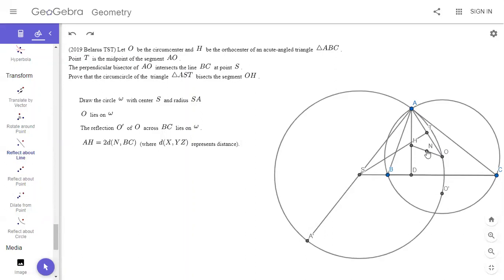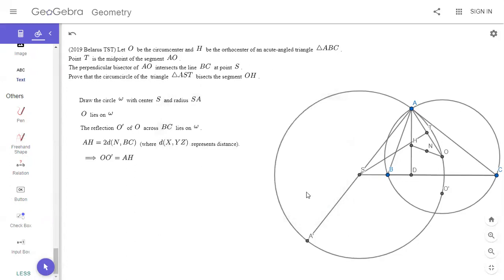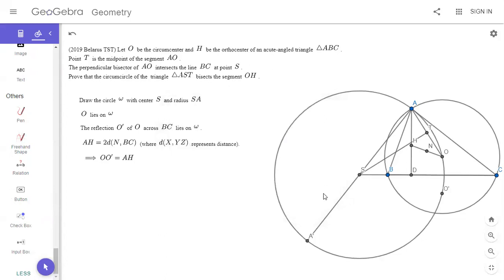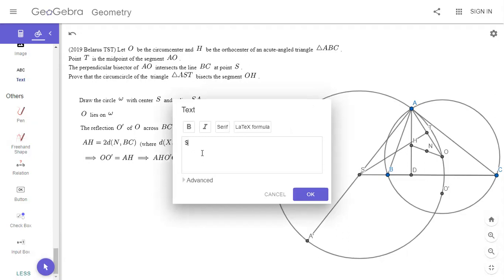We want to show that A, N, and O prime are collinear. So OO prime is equal to AH because of this, right? And that means AHOO prime is a parallelogram. So that means that AN and O prime are collinear.